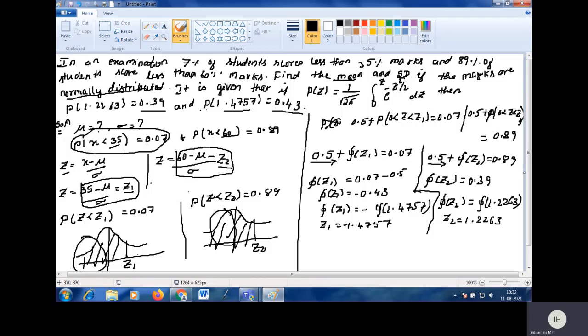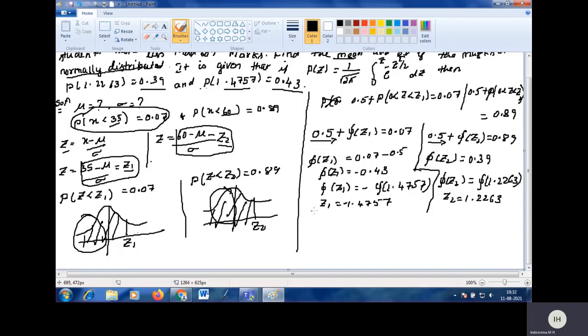Now substitute z1 and z2 in these expressions and solve, and you will get mu and sigma values. You can take this as equation 1 and this as equation 2 for our reference. Equation 1 becomes (35 minus mu) by sigma is equal to z1, minus 1.4757. Equation 2 becomes (60 minus mu) by sigma is equal to z2, 1.2263.